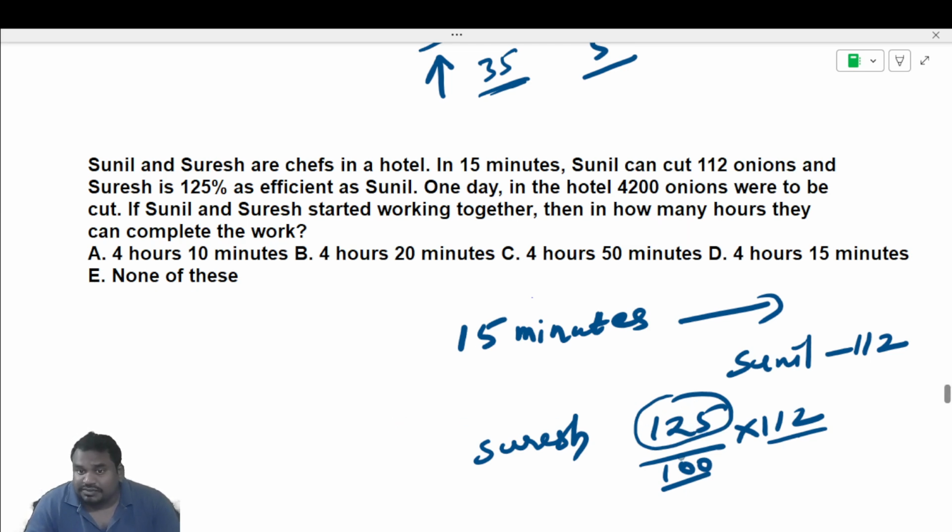Suppose if 100% is 112, what is 80% then? 80 by 100 into 112. For example, if x percent is 13, what is y percent? If they ask, then y by x into 13 you have to do. The same way, if 100% is 112, what is 125%? Whatever is asked should come on the top: 125 by 100, whatever is known, into 112, the given data.